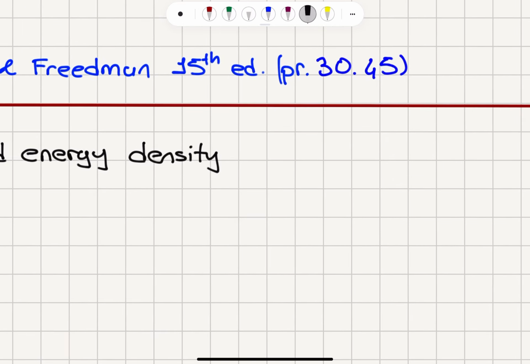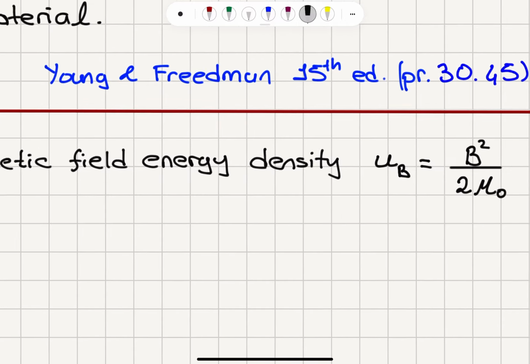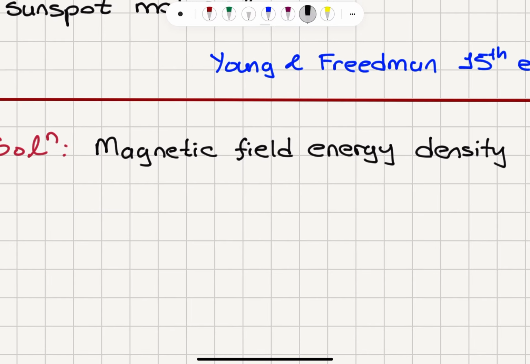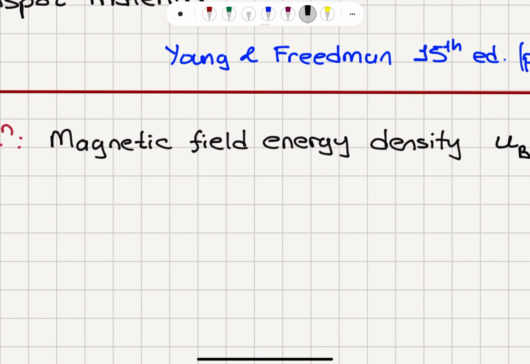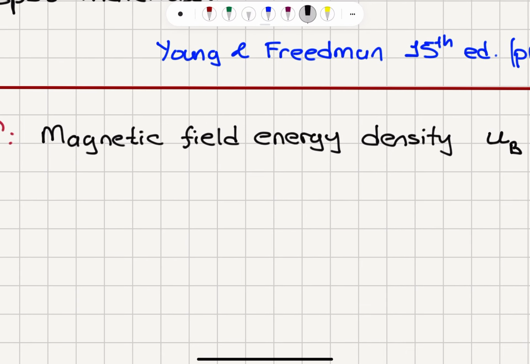This we show with lowercase u sub b, and it's equal to magnetic field magnitude squared, b squared, divided by 2 mu 0, the permeability of free space. Now, how much is the magnetic field energy stored in the sunspot?